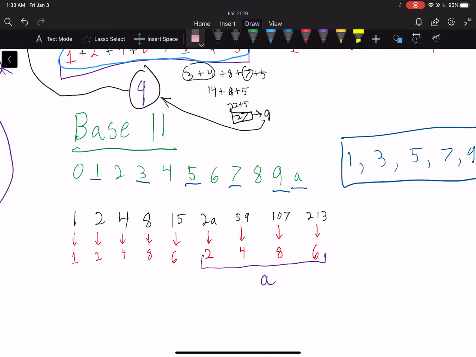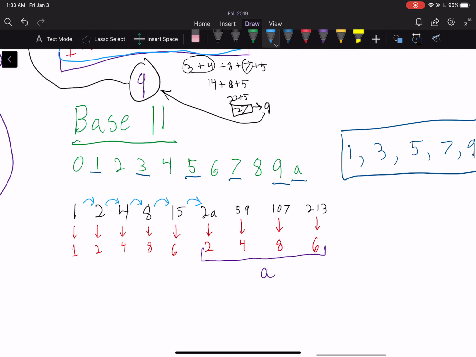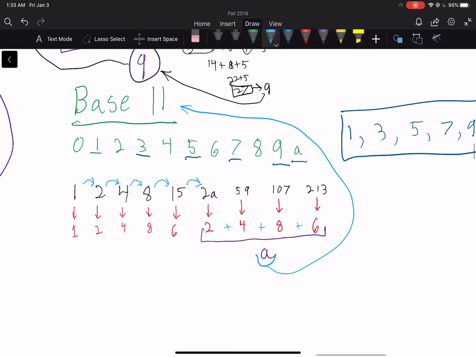Interestingly enough, this pattern still applies to base 11. So when we do these doublings as usual, and then we look at the repeating sequence that we get, when we digit sum this repeating sequence, we get one less than the base that we are in. If this is confusing to you, then you need to brush up on bases some more.